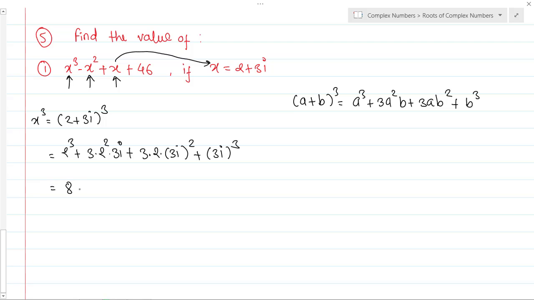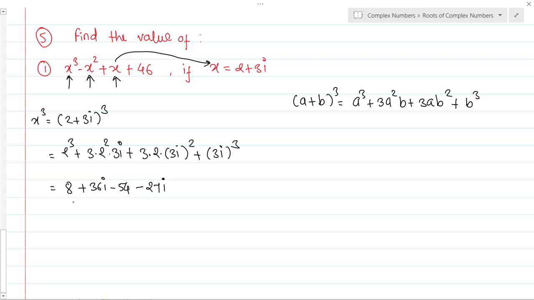2 cube is nothing but 8. Then 2 square is 4, so 3 into 4 is 12, 12 times 3 is 36, so 36i comes here. Then we have i square here, so it becomes negative. 3 into 2 into 9 is 54, so it becomes minus 54. Then 3i cube is 27 times i cube, which is minus i, so we will have a negative sign.